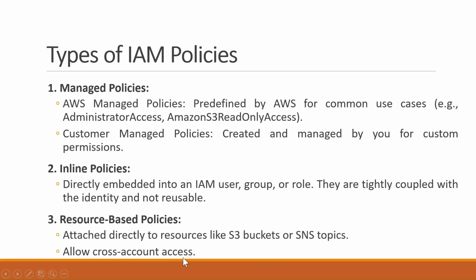These policies are used to control access to the resources themselves. Cross-account access means you can grant permission to users or roles from another AWS account. For example, an S3 bucket policy can let a user from another AWS account read or upload files to your S3 bucket.